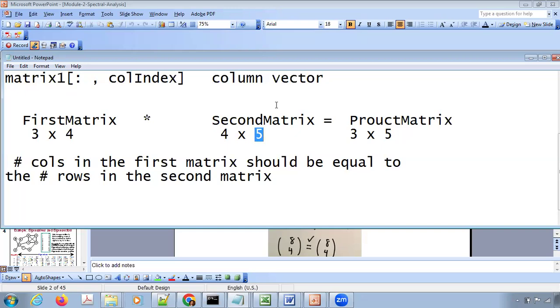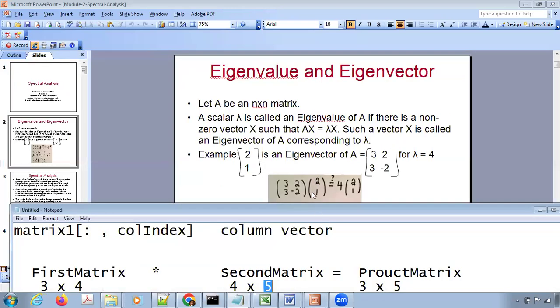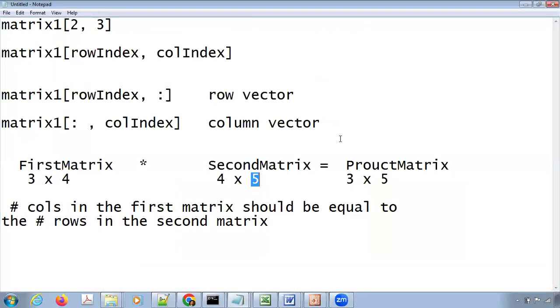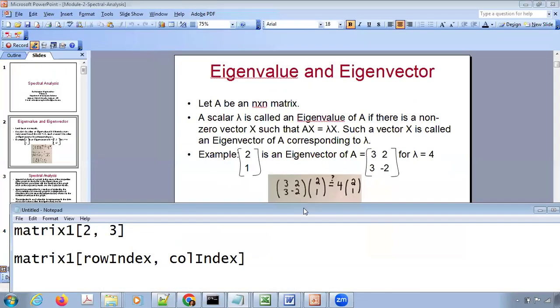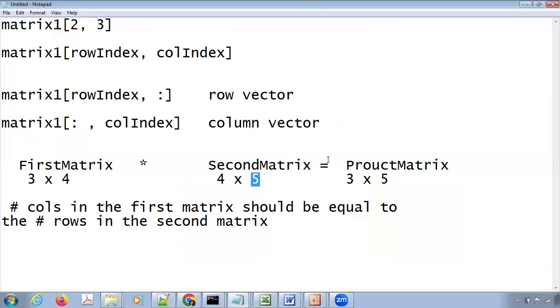So that's a very important rule to be satisfied in order to decide whether you can multiply two matrices or not. If you want to check here, can we multiply these two? You can treat this vector as a matrix for this multiplication purpose. Let me do this.